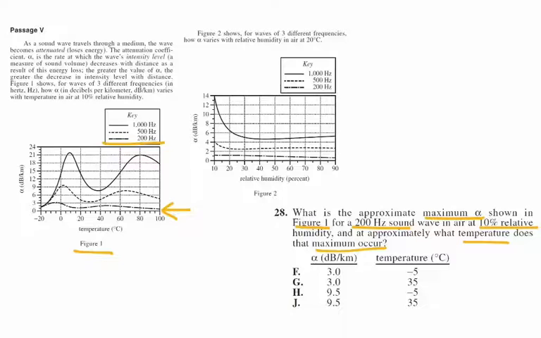And the maximum is right here, which is at 3, so we know it's not H or J. And that temperature maximum looks like it comes right around here somewhere. So here. And that's -5. So our answer has to be F.